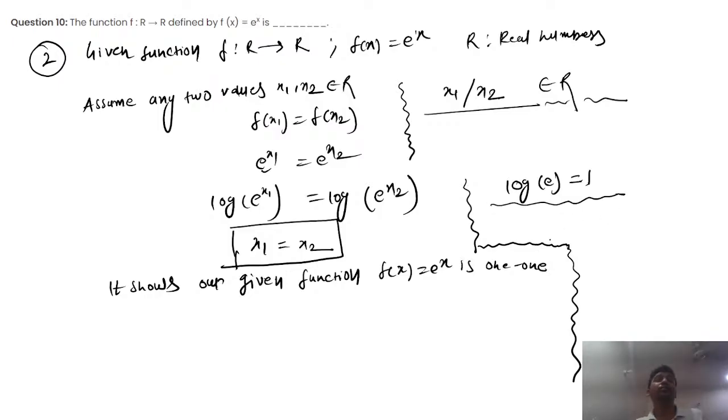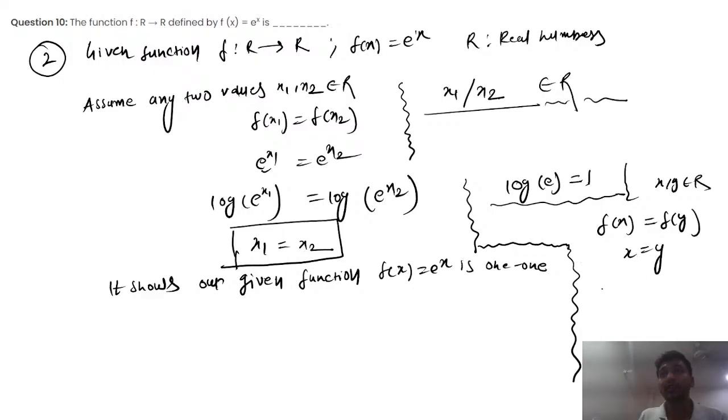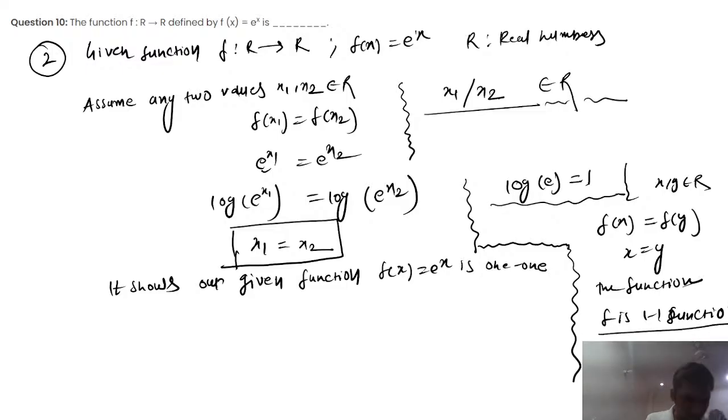The property of one-one says that if f(x) is equal to f(y) for any x comma y belonging to R, and this gives x equal to y, then in this case the function f is one-one. Simple, है ना?